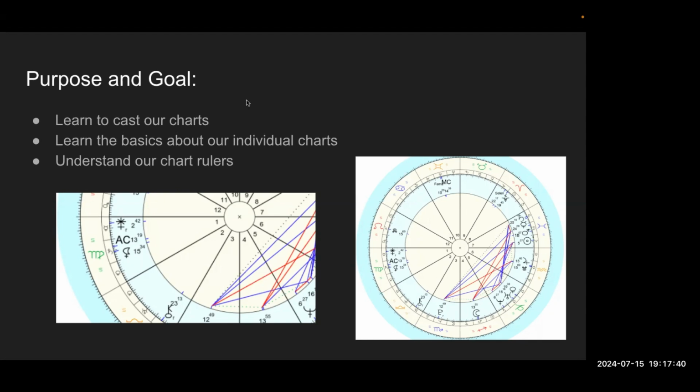And then the last thing that I want to do is understand our chart rulers. So this image on the left here, I put this here to show that this is the main house that we are going to be looking at today. When we go through our chart ruler, this is considered the first house. So you'll see the number 1 there on your chart. You could see it in the image on the right as well.